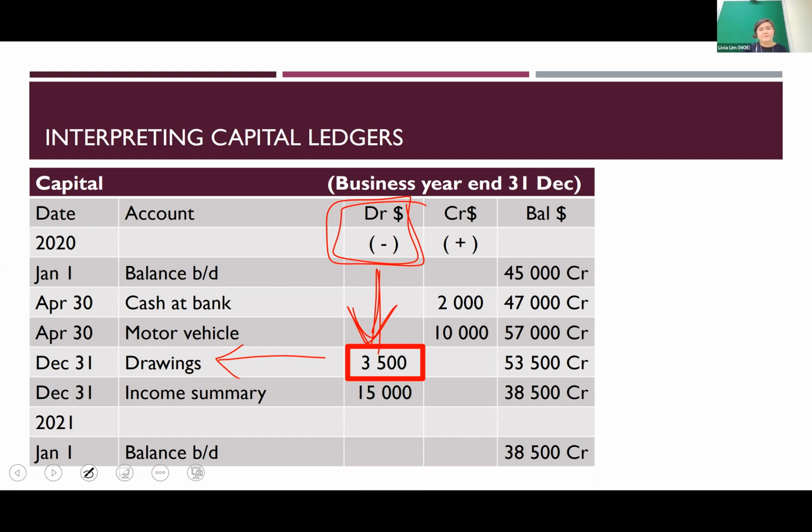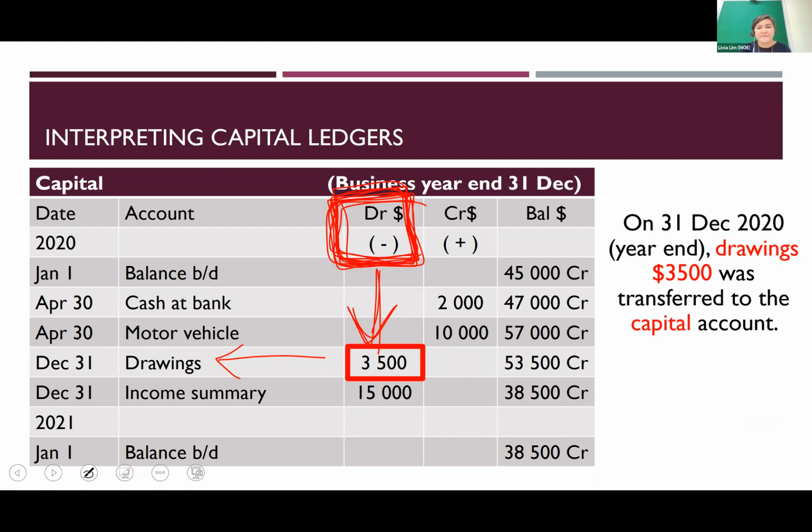All right, so double entry recording, one debit must have one credit. And why does drawings reduce capital? Now, drawings reduce capital because the owner is taking out business assets for personal use. All right, and therefore the capital amount, which is the owner's contribution to the business, is dropping.